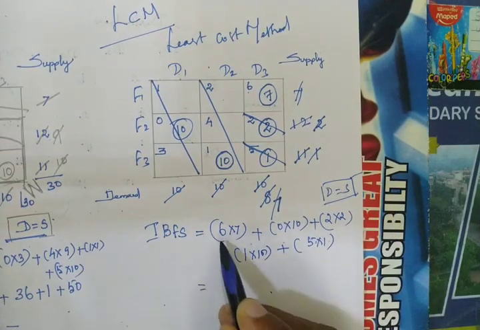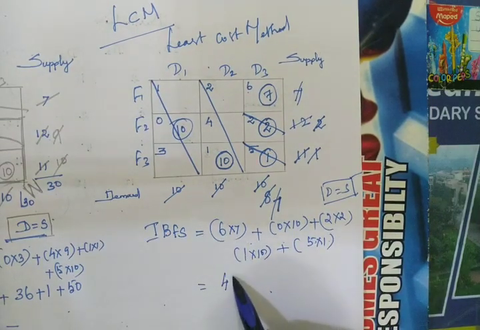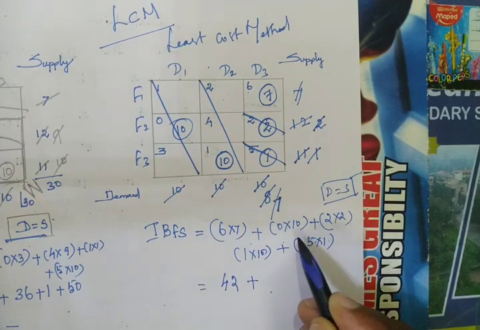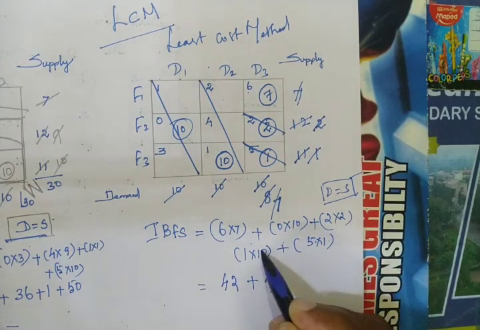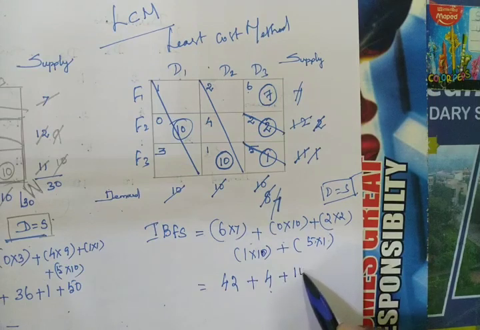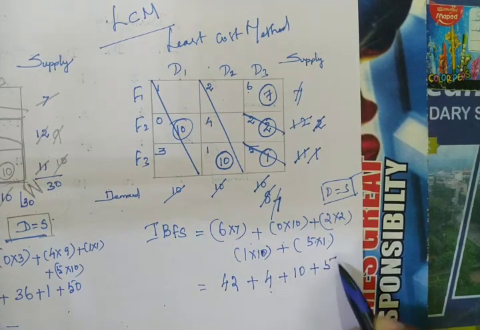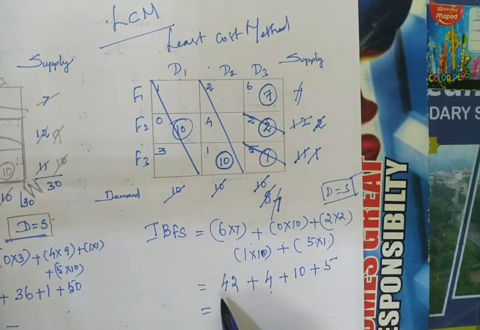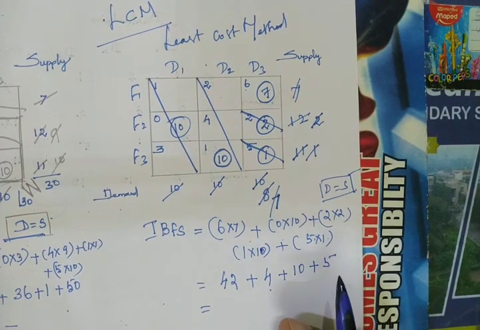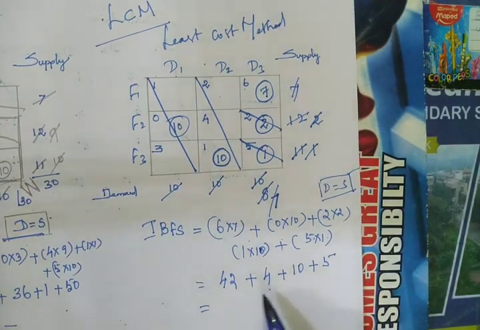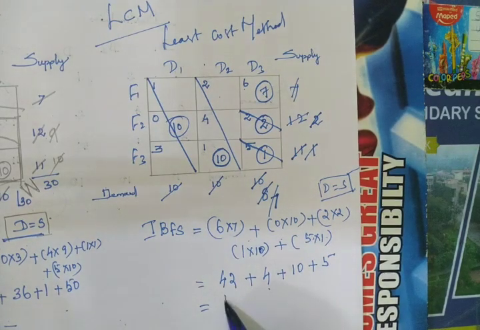So here 6 into 7 is 42, 0 into 10 becomes 0, 2 into 2 is 4, 1 into 10 is 10, then 5. Adding the values: 42, then 46, 56, it is 61.